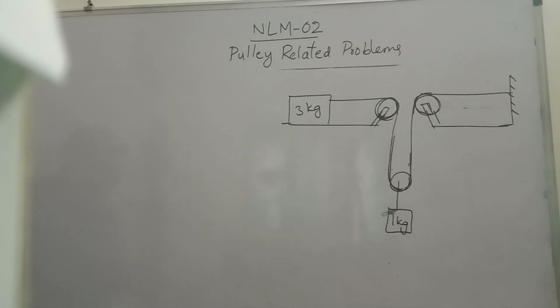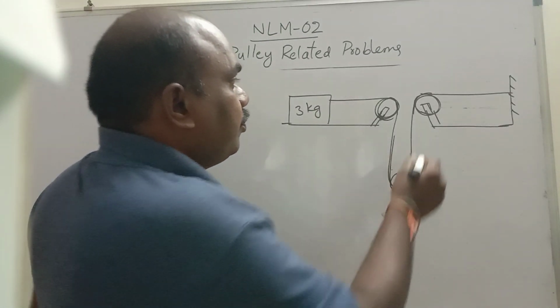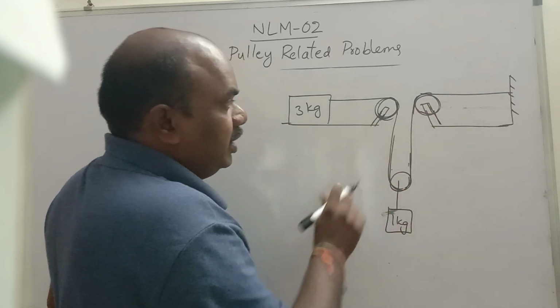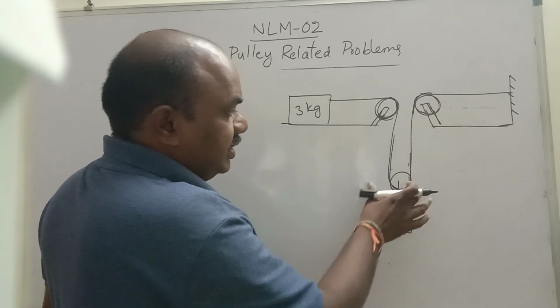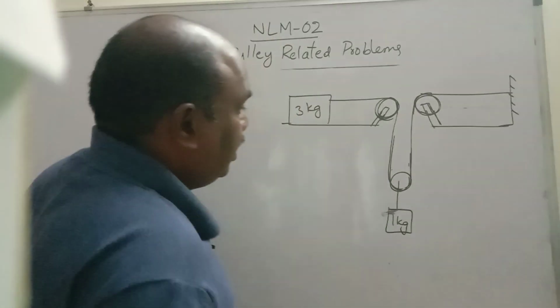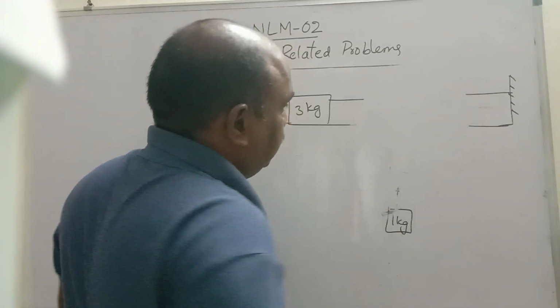Let's see, children, see this problem. Here these are two fixed pulleys. This is a movable pulley. I will draw a somewhat bigger diagram.